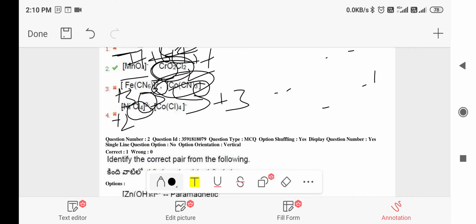Here cobalt, each chloride ion is -1, so 4 chloride ions. We have a 1 minus charge on the complex square bracket, which represents +3 oxidation state on cobalt.